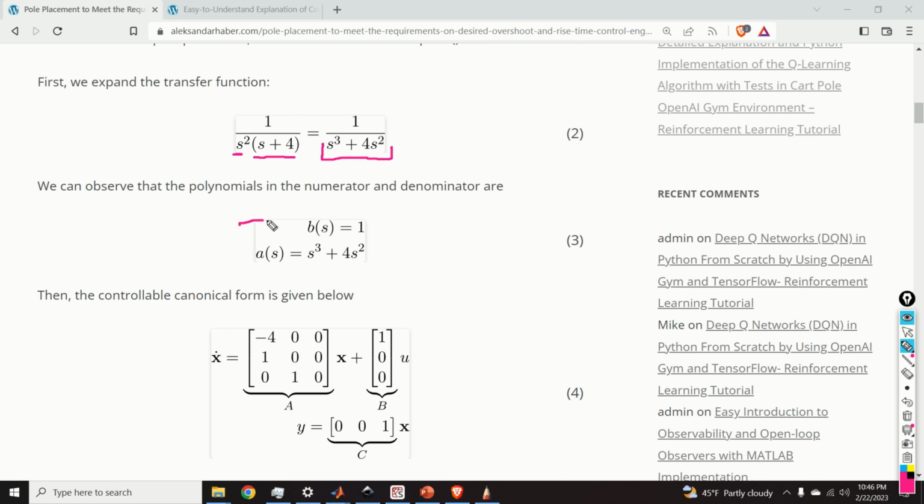The polynomial in the numerator is usually denoted by b of s, and it's equal to 1, and the polynomial in the denominator is equal to s to the power of 3 plus 4s squared, and I will write this polynomial in its general form, s to the power 3 plus general coefficient a1 multiplying s to the power 2 plus a2 s plus a3.